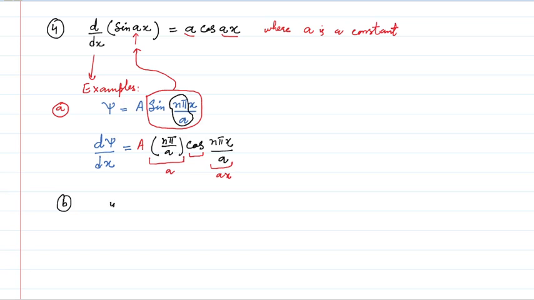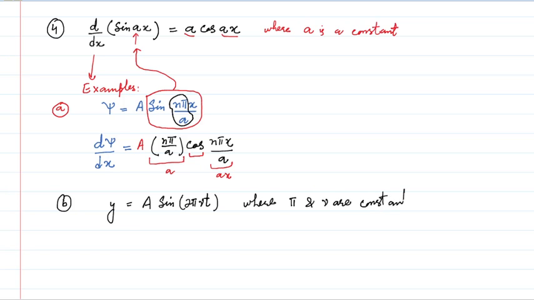Suppose y is equal to a sine 2 pi nu t, okay, where pi and this nu are constants.